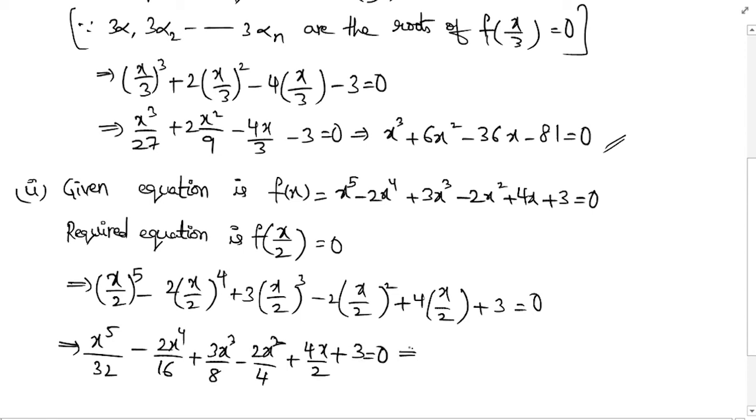Which implies that x power 5 minus 4x power 4 plus 12x cube minus 16x square plus 64x plus 96 is equal to 0. So this is our second equation.